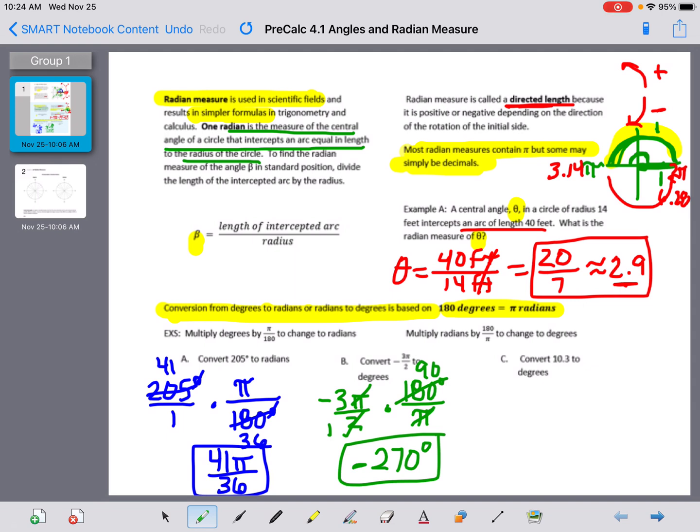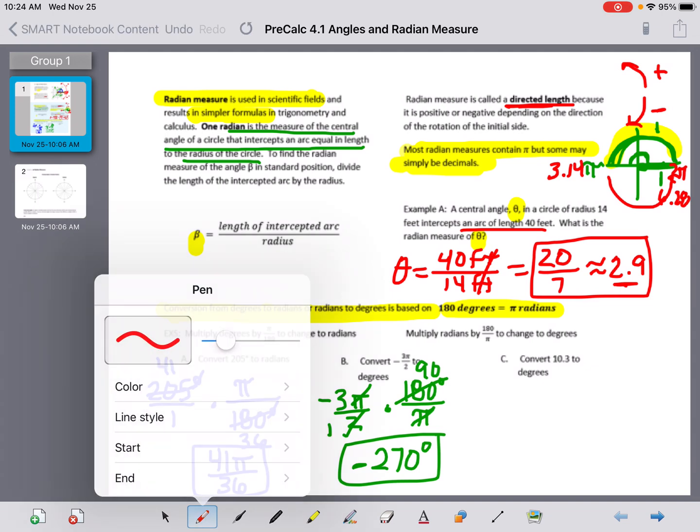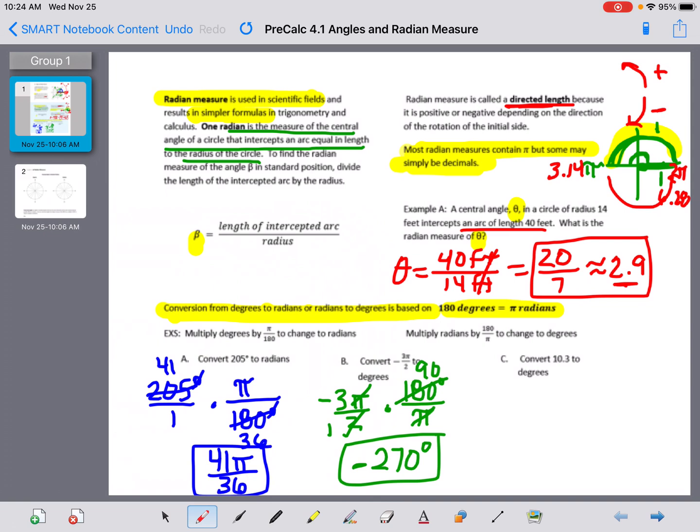All right, last one on these examples. Convert 10.3 to degrees. There's no unit given. We assume it's radians. That means I want pi on the bottom and 180 degrees on top. Whatever I'm trying to go to should really be on top. This is not a good problem at all as far as simplifying. There's nothing pretty about it. This is a straight up calculator problem.